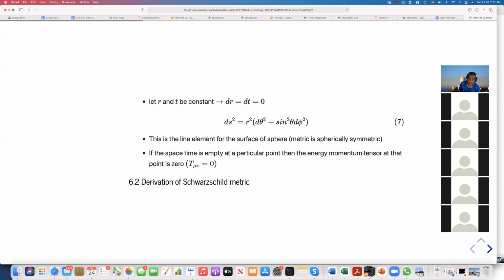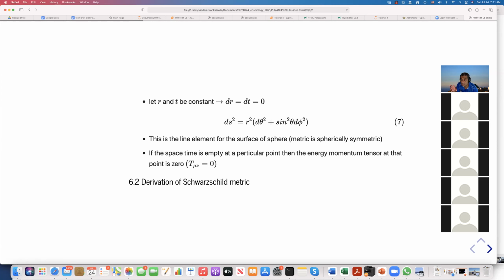Now if the space-time is empty at a particular point, then the energy momentum tensor at that point should be equal to 0, right?